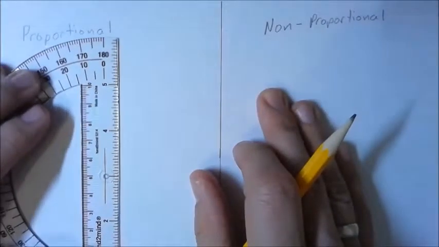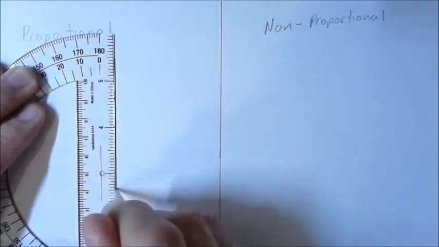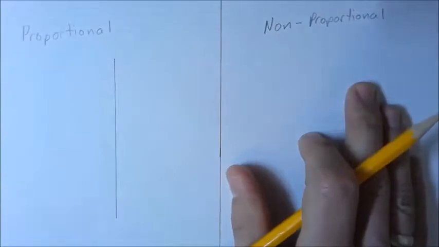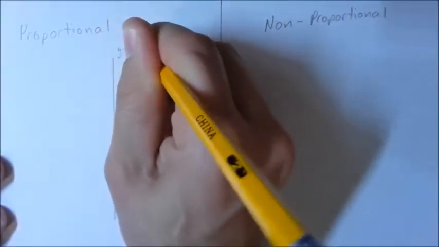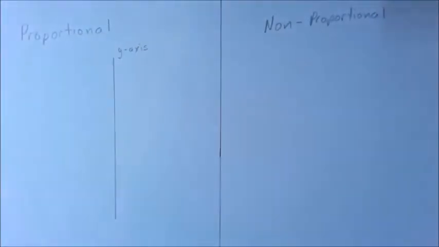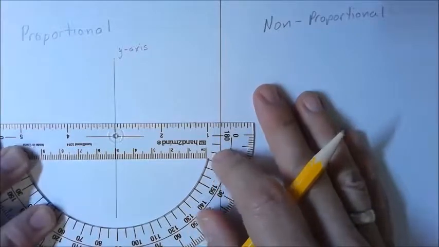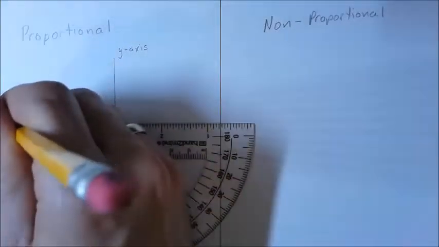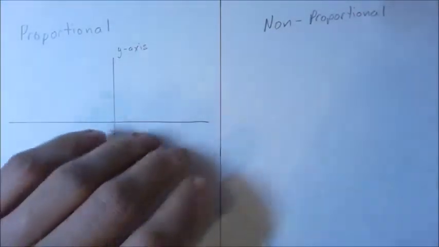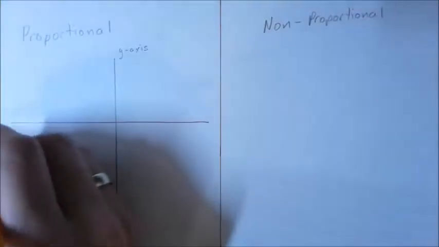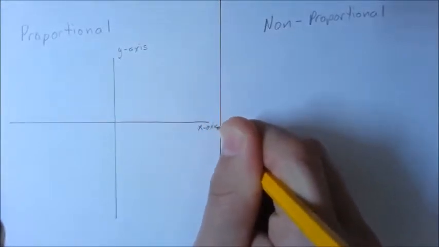So what you're going to need to do is, when you're making your graph, I want you to make sure there is a y-axis. You're going to label it y-axis. And I want you to create an x-axis. And we'll label this one. Right here I'll put x-axis.